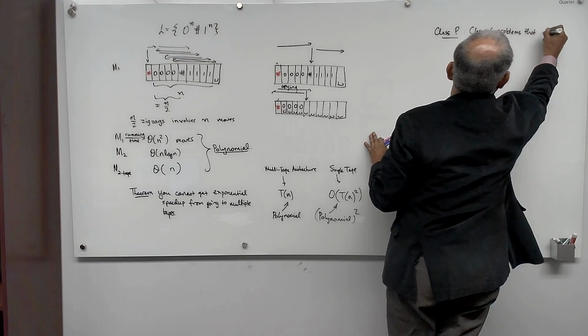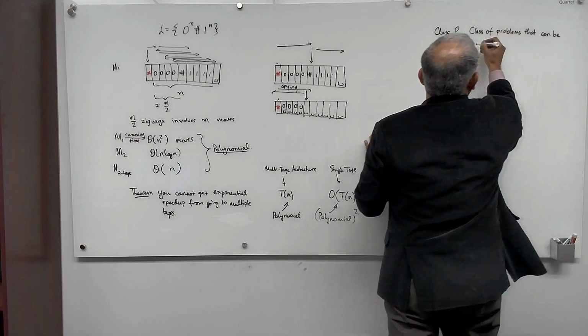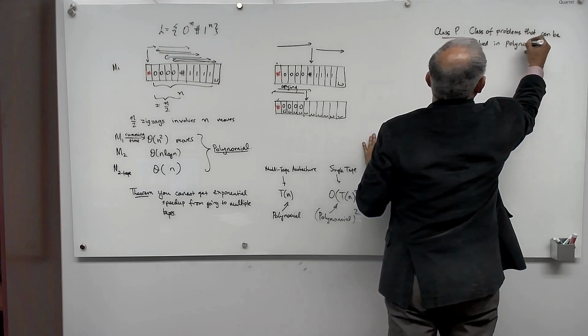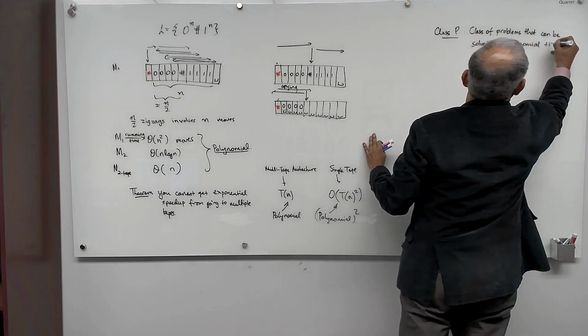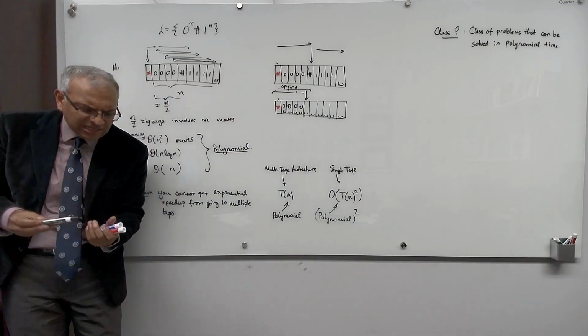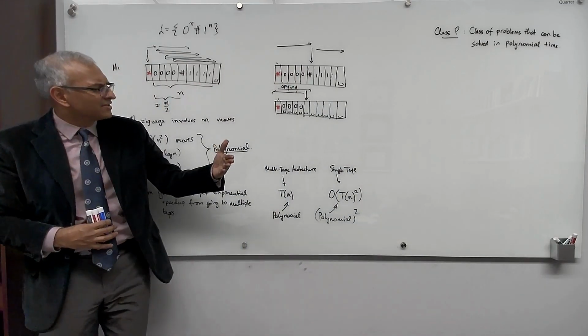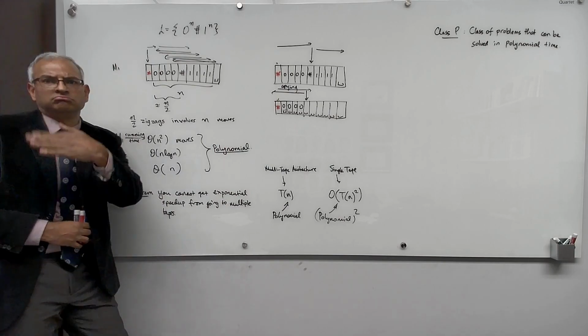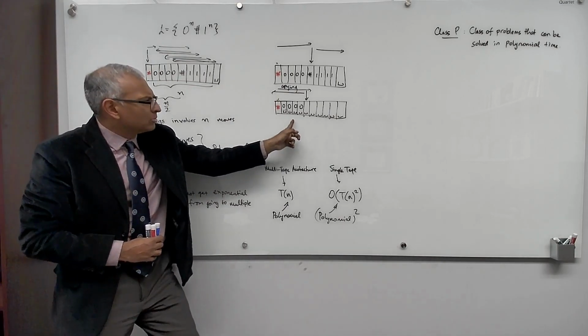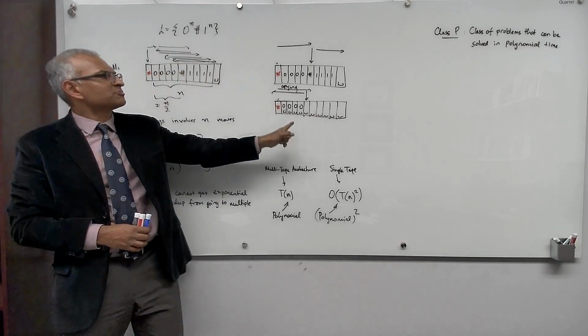But wait a minute, in polynomial time on what architecture? That's where this discussion comes in. Doesn't matter. Single tape, parallel. If it's polynomial here, it's polynomial here.